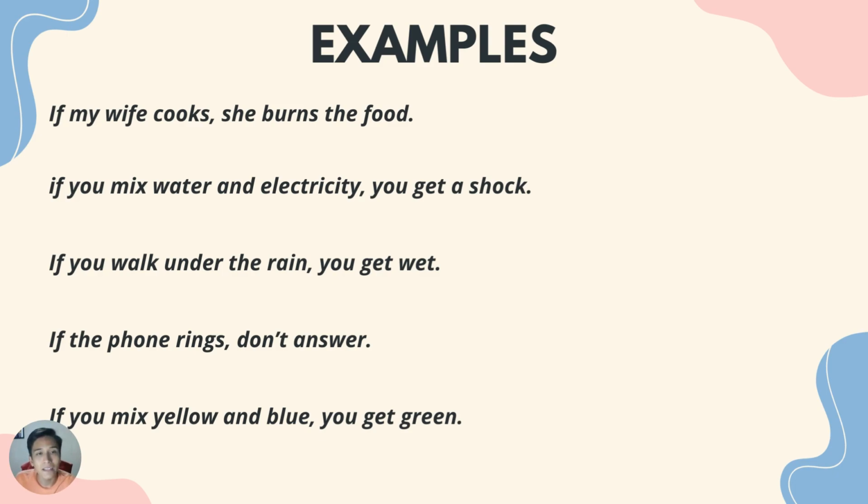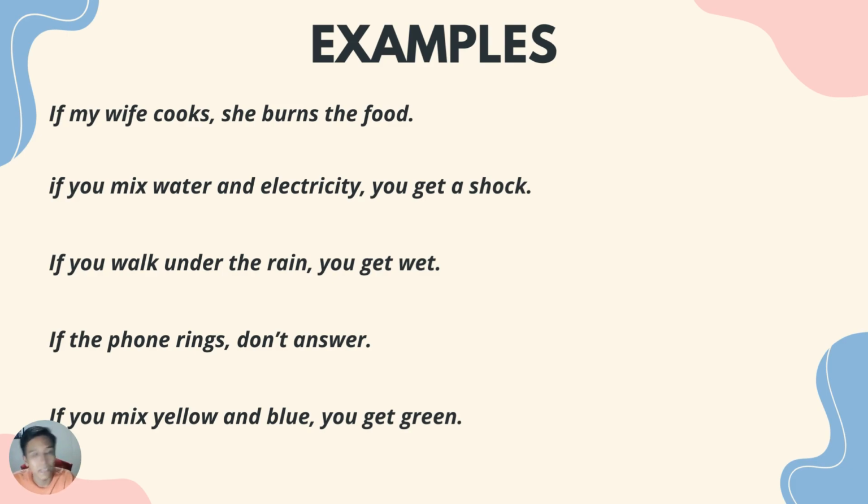We can say that the main clause is independent, while the if clause is really depending on the main clause, because when we say she burns the food, we can understand the whole sentence, while if we say if my wife cooks, it is really not a complete sentence. So we are always going to see this kind of relationship.